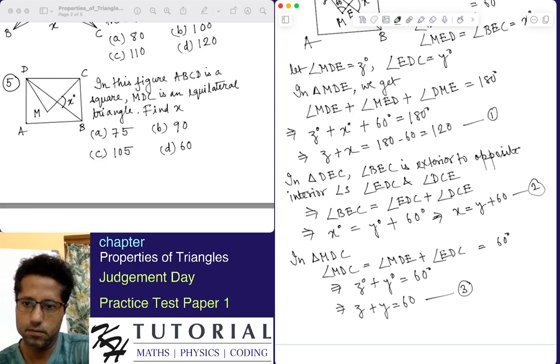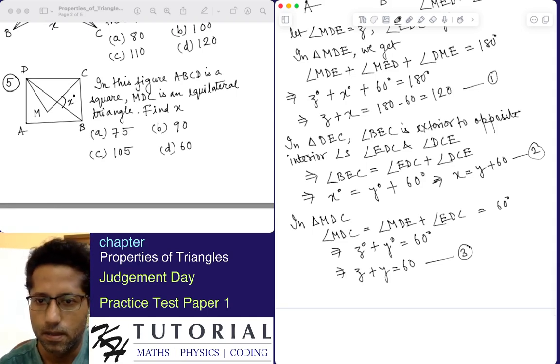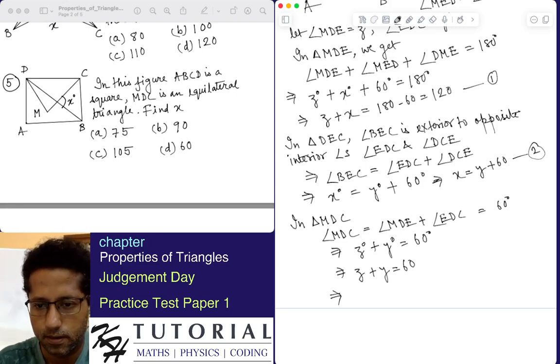Okay, let's try. Yes, we can solve. Let's see now. So from here we get Z equals 60 minus Y. Let this be 3.